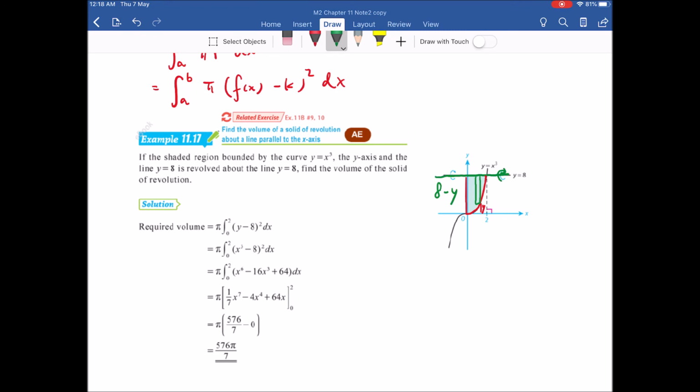Okay, so it is pi times y, but this here is (8 minus y) all squared. Okay, and then dx is dx, integrate from 0 to 2, but you have to replace the y with x squared. Then you get this formula. Okay, once you get this formula, you can find out the answer.